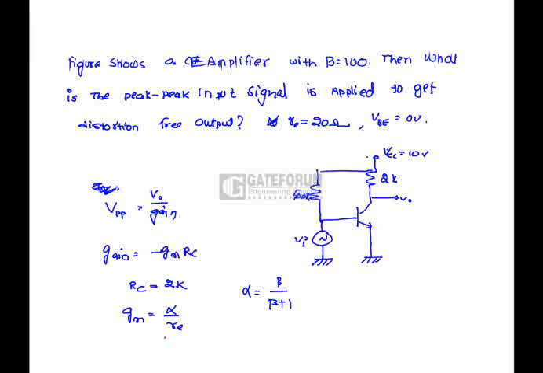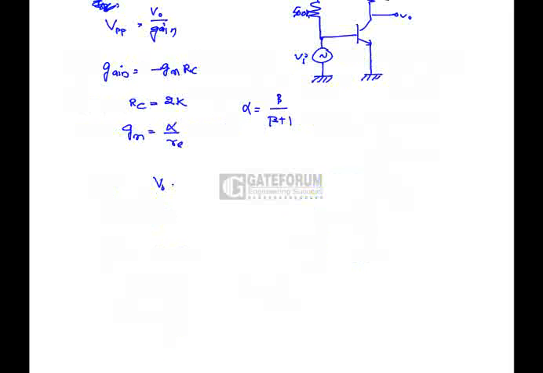After getting the gain, V0 peak to peak is 2 times ICQ times R. Here ICQ is nothing but gm into VT. So here R is nothing but RC.